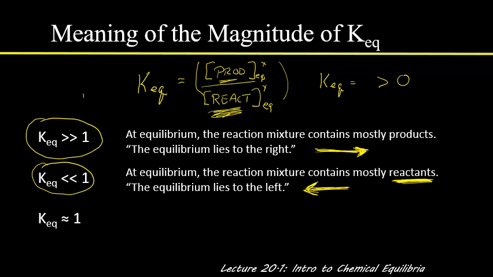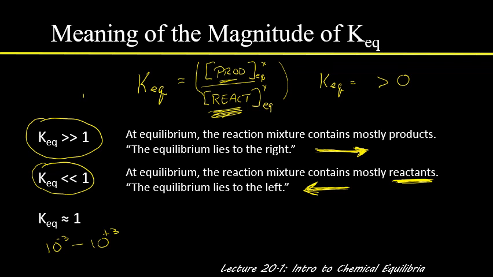And the third case, of course, is if the equilibrium constant is not very large or very small, but somewhere around 1. And when I say around 1, I probably mean maybe 10 to the minus 3 to about 10 to the plus 3. So not really close to 1, but not extremely large or extremely small.